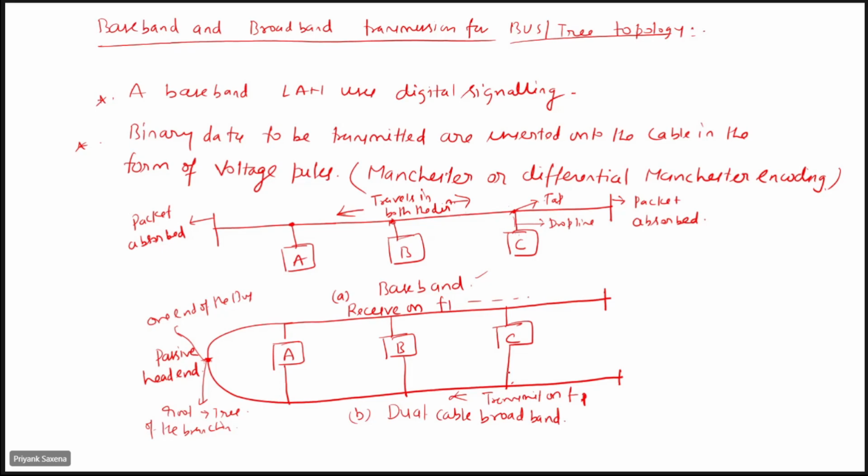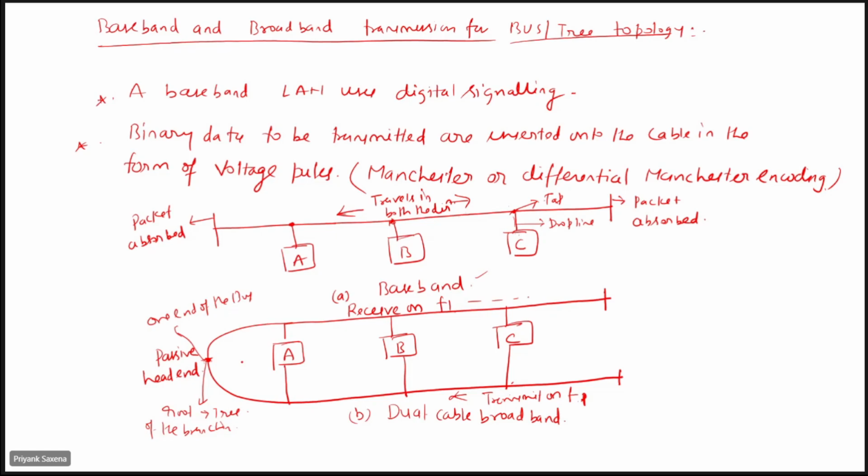Any transmission happening on this cable will be done at a particular frequency. It transmits on frequency 1, and at this passive head end there is a frequency converter that converts the frequency. It is received on the other cable on the same frequency, sorry, on the same frequency.